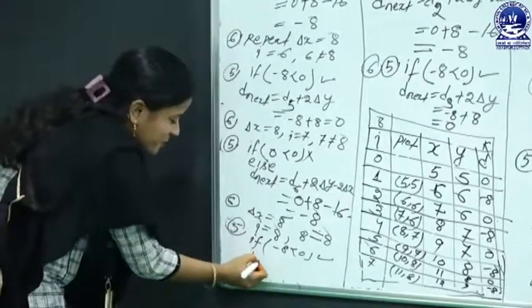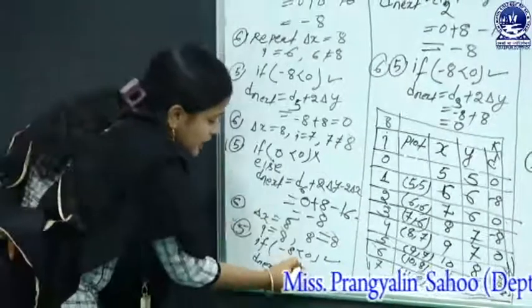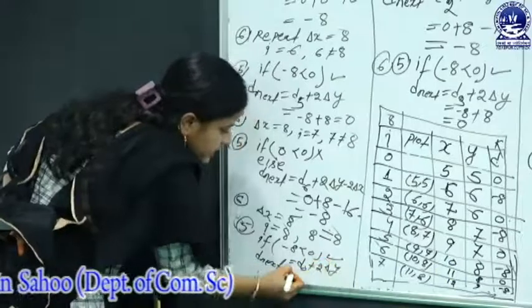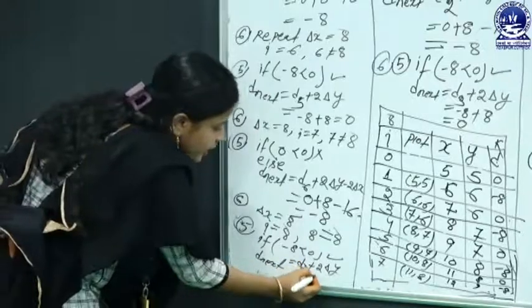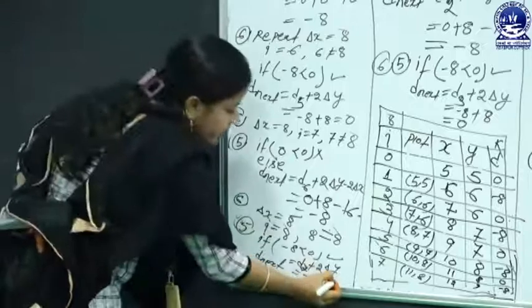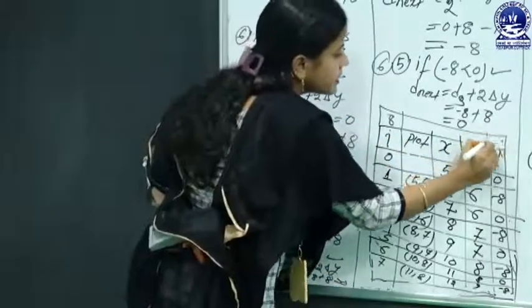If it is true, then it computes the next decision value, that means d0 plus 2 delta y. Here the previous decision variable, that means d7, is minus 8, and 2 delta y is positive 8, that means 0. So the resultant outcome is 0.